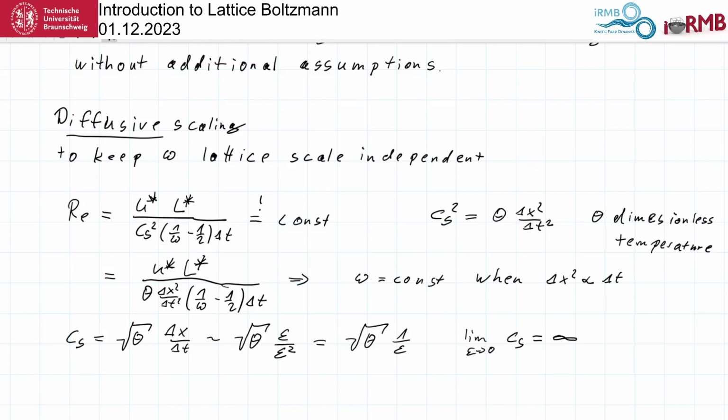However, if you think of the incompressible Navier-Stokes equation, you assume that your Mach number is 0, or that the speed of sound is infinitely fast, and this is what we have here. So if we use diffusive scaling, we are done with acoustics, we cannot deal with acoustics anymore, but we are in the limit of the incompressible Navier-Stokes equation. Okay? Let's see whether we get to the incompressible Navier-Stokes equation in that way.